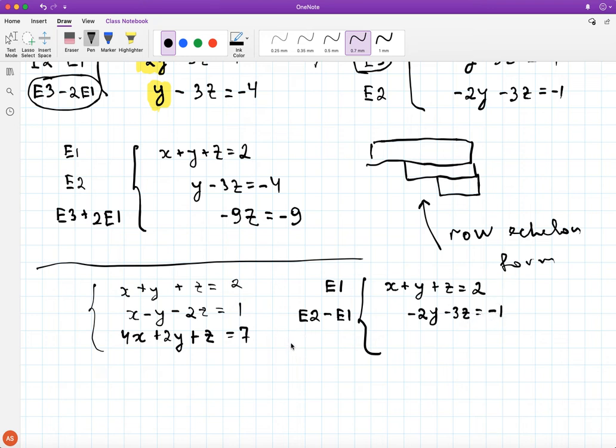And then we will eliminate x from the third equation by subtracting from that third equation the first equation multiplied by 4. And what we will get here is negative 2y minus 3z equals negative 1.